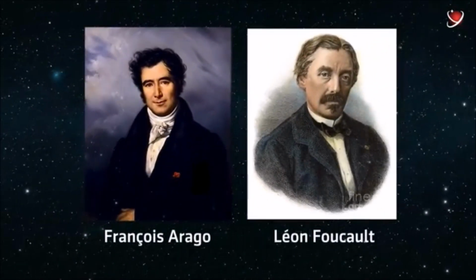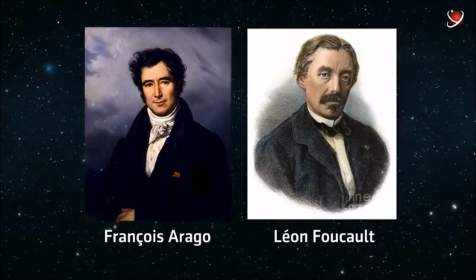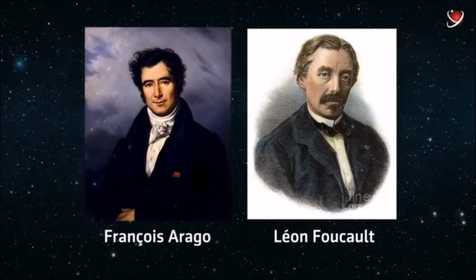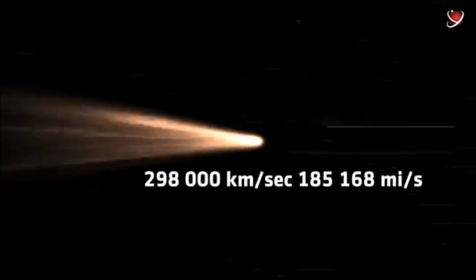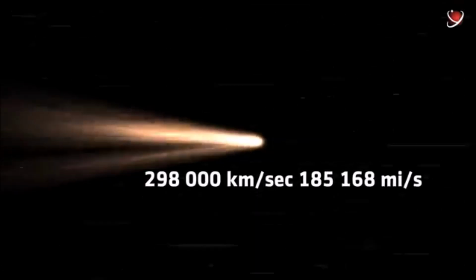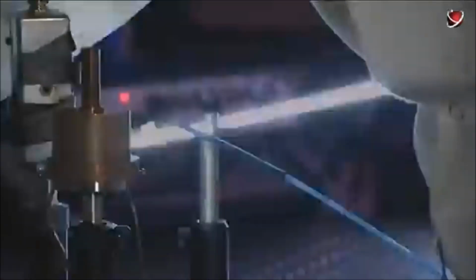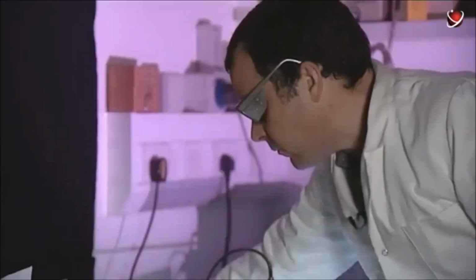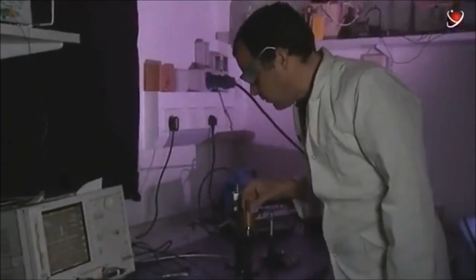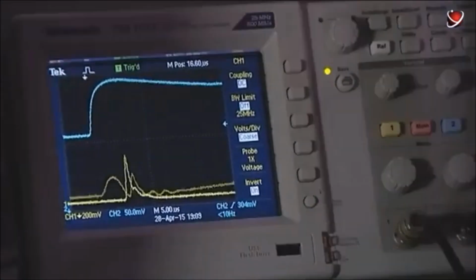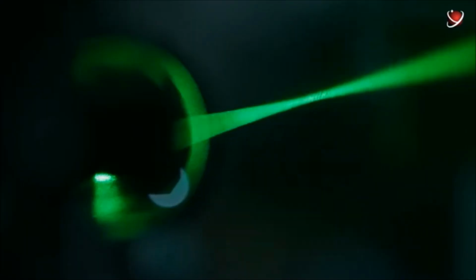Look. Later, the speed of light was measured by French astrophysicists François Arago and Léon Foucault, who obtained a result of 298,000 kilometers a second. Then there was Michelson's experiment, which brought us even closer to the correct figure. Scientists finally settled on a value in the second half of the 20th century, when masers and lasers were developed, distinguished by their extremely stable frequency of radiation.